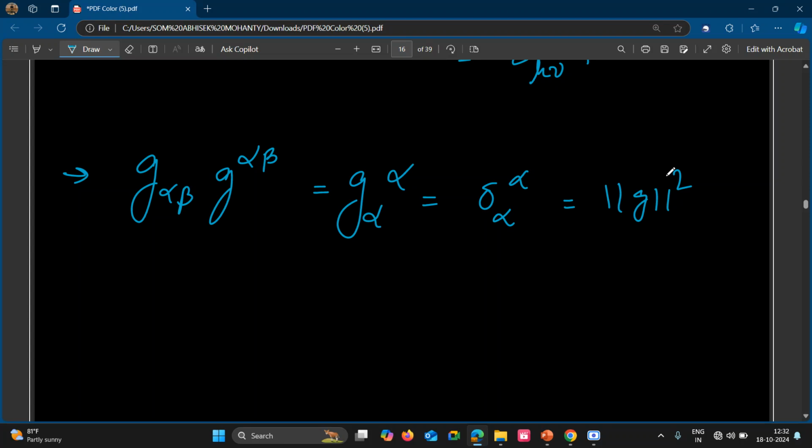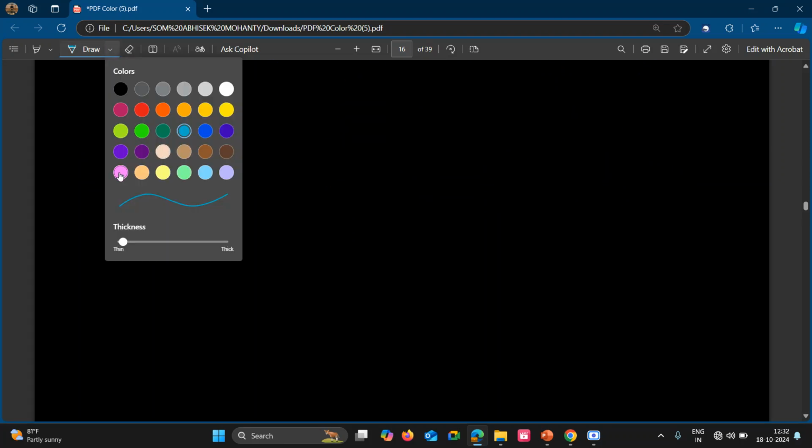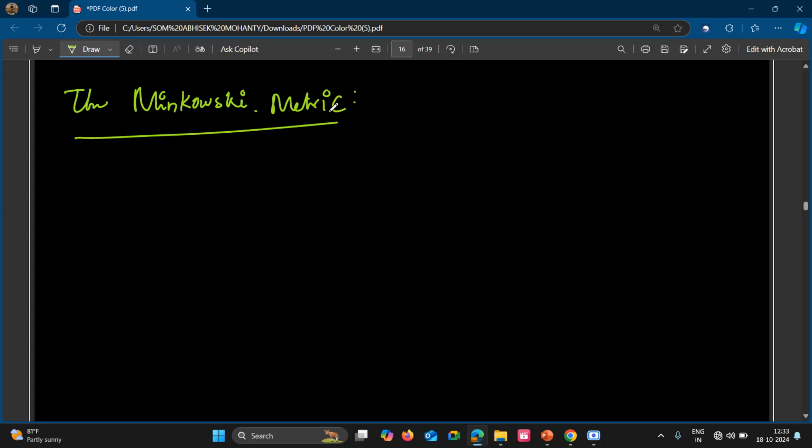Next, write down the Minkowski metric. Special relativity gives rise to a very special form of the metric tensor.